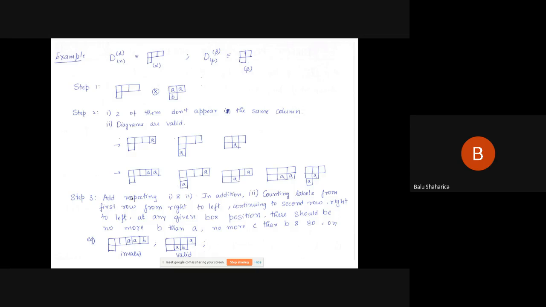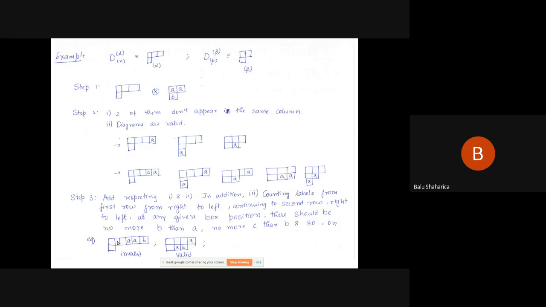Okay. But there is one more rule when we are putting in B's and C's and so on. When you're counting the number of these letters, starting from the right, and then we move to the second, then the third, as we move, we're counting the number of A's and B's.